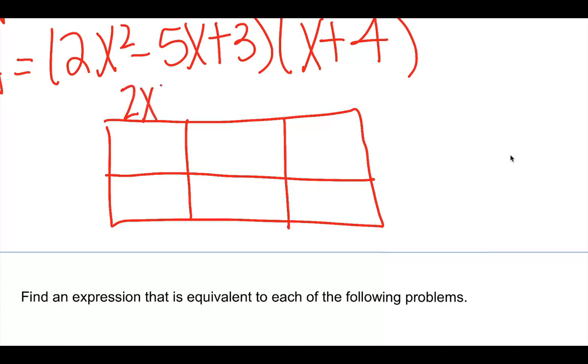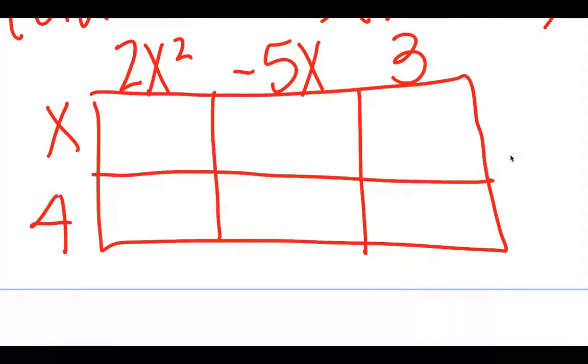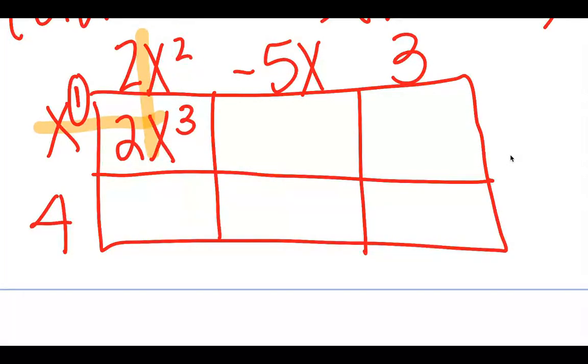So 2x squared, negative 5x, and a positive 3, x, and 4. 2x squared times x is 2x to the third power, because this one really has 1, so 1 plus 2 is 3.